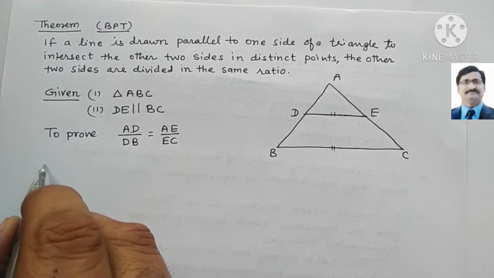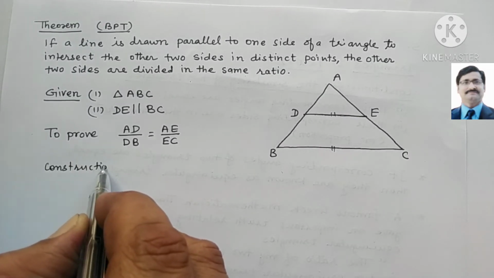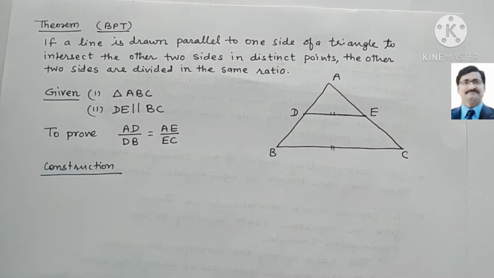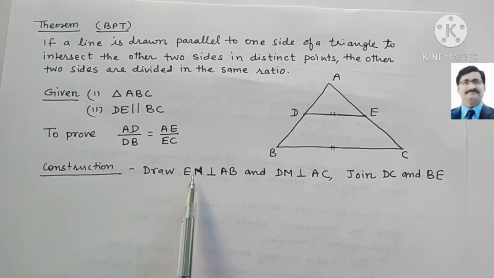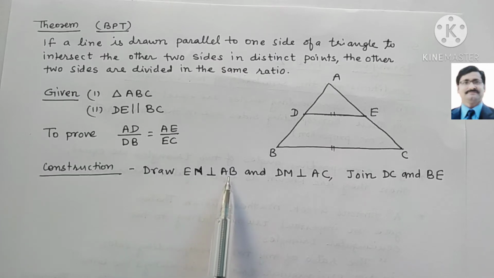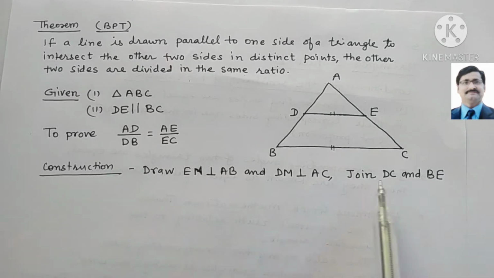So here write construction. Look here, we will draw EN perpendicular to AB and DM perpendicular to AC, and we join DC and BE. Look here, we will do this work.